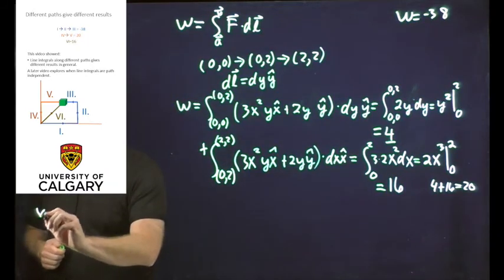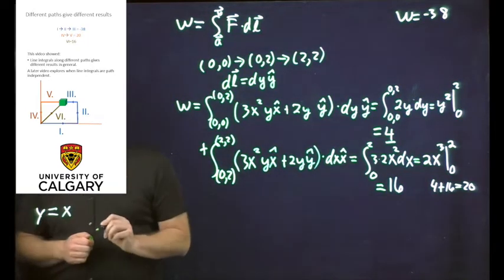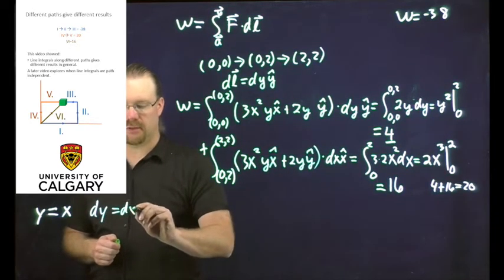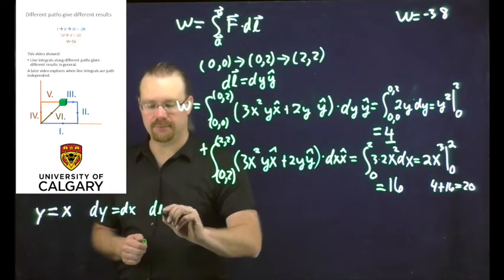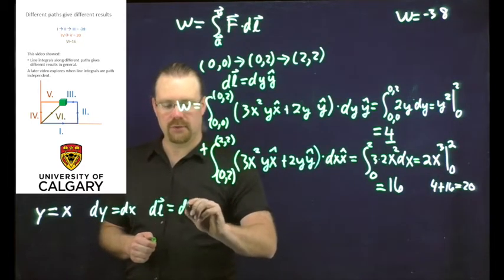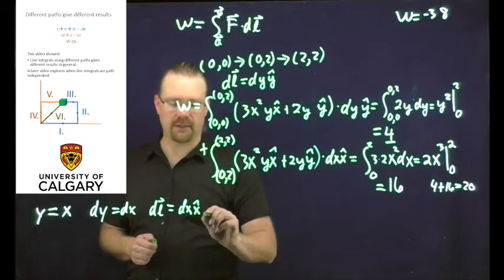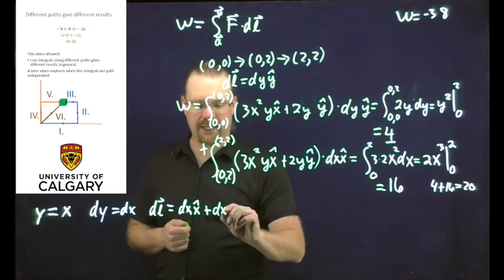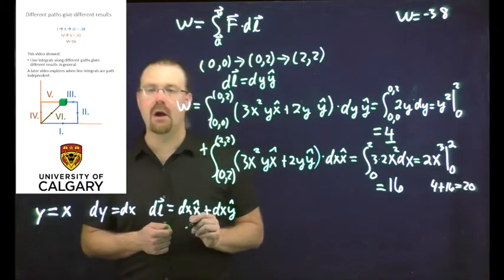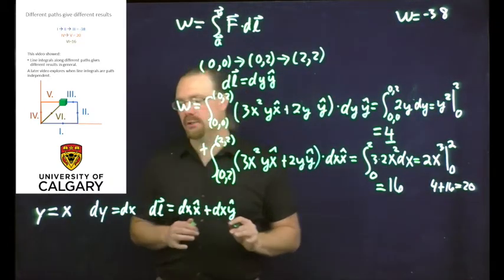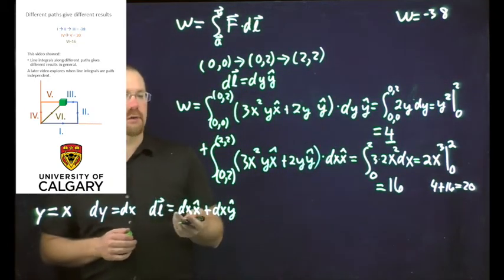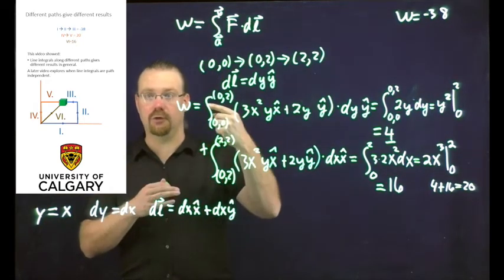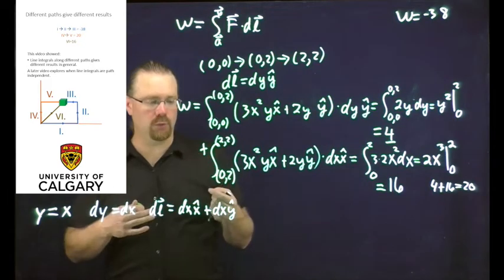So we have the line y equals x, which further means that dy equals dx, and that means that dl is going to equal dx x hat plus what would normally be dy y hat, which can actually be written as dx y hat. When we make this simplification, this also means that our limits of integration, instead of being 0, 2 to 2, 2, is just going to be 0 up to 2, because we know at every point x equals y.